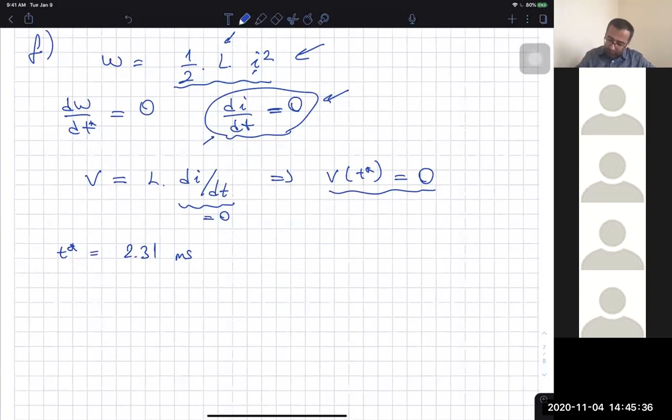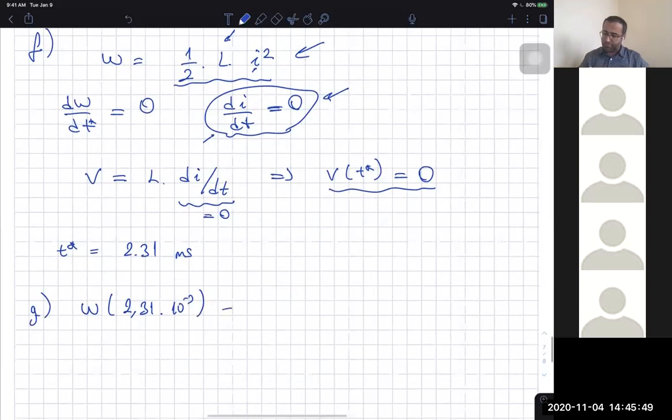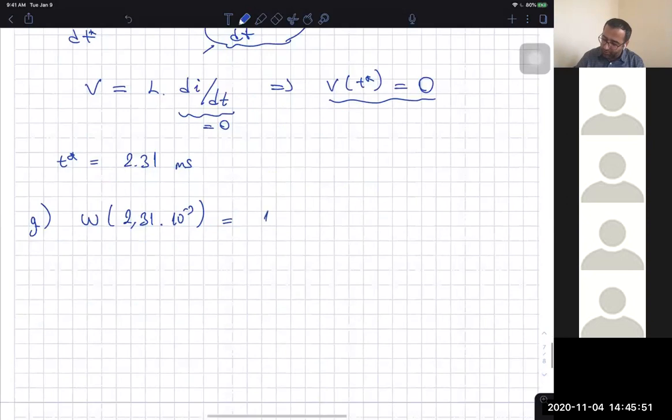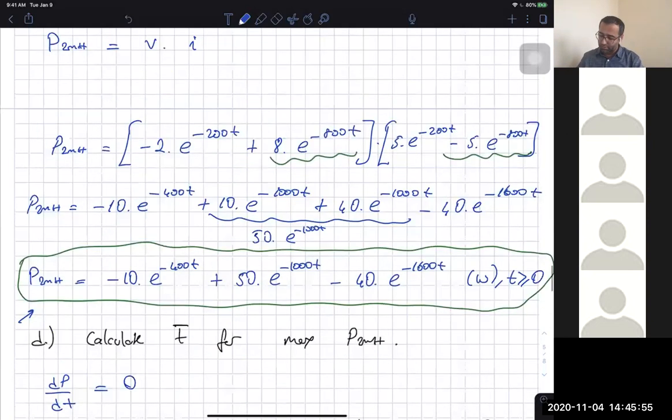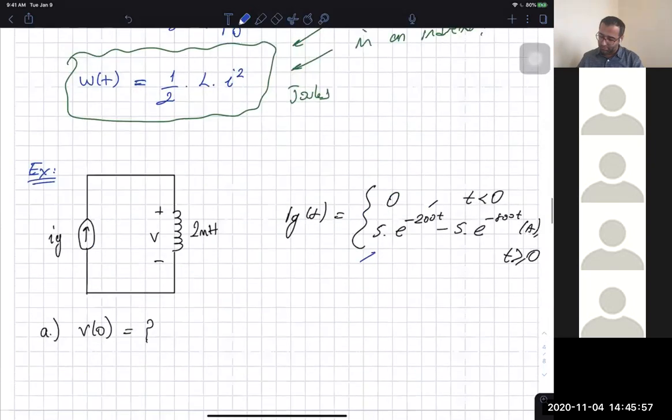Now, for the last part, I need to calculate the energy at this time instant. So that will be 2.331 times 10 to the minus 3, right? I need to calculate 1/2 times L, our inductance. What was L? 2 millihenries.